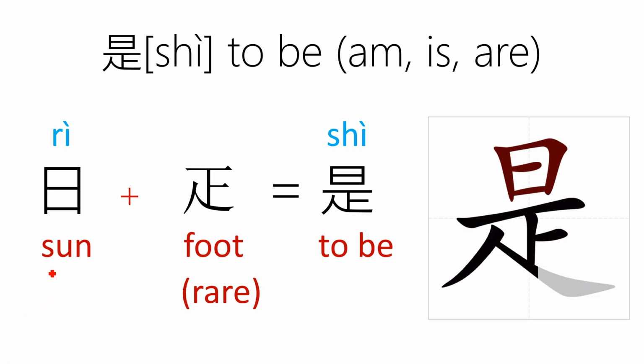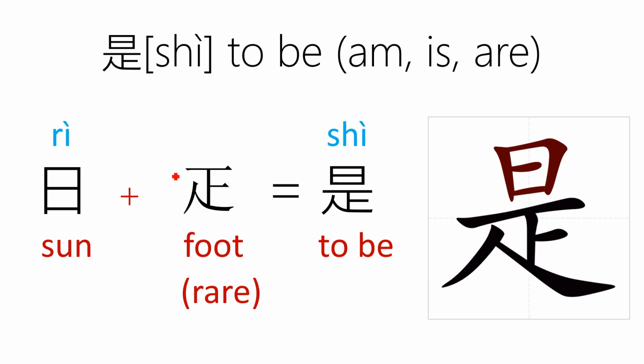So we have this sun radical here, and we have this part, something very rare to see. I checked the dictionary, it says this part means foot, and it was a character. I'm actually not very sure, and I have definitely never seen this one used by itself.